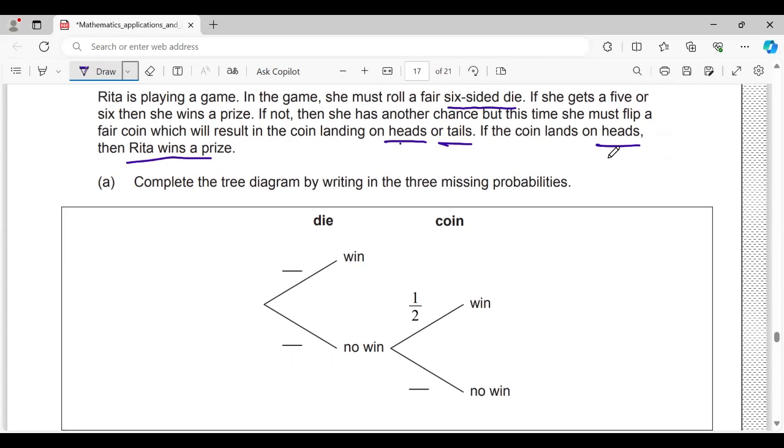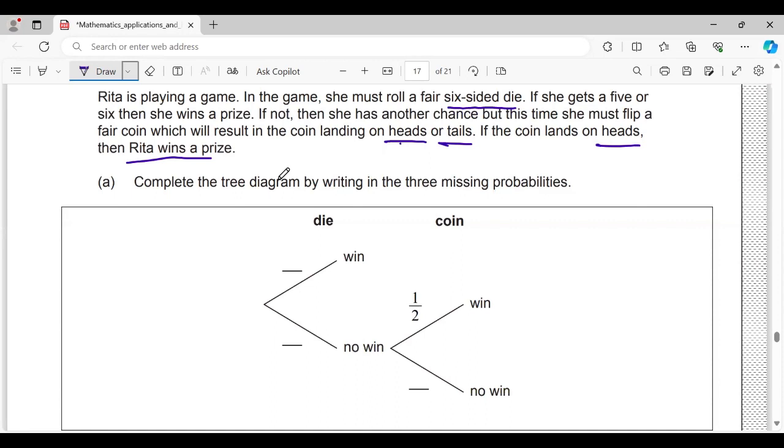Okay, so there are 1, 2, 3, 4, 5, 6 sides. If the side lands and she gets 5 or she gets 6, she wins the prize. So it means 2 sides, 5 and 6.